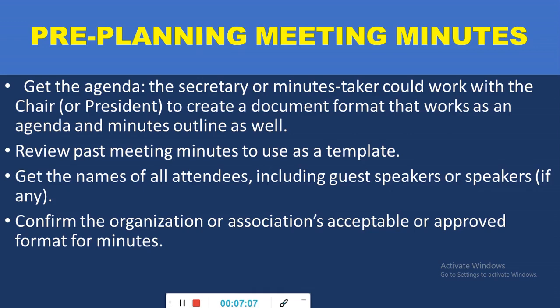Because in the minutes of the meeting, you must have columns for those present and also a column for those absent. All right. Then the next thing you need to do as a pre-planning step is to confirm the organization or association's acceptable or approved format for minutes.